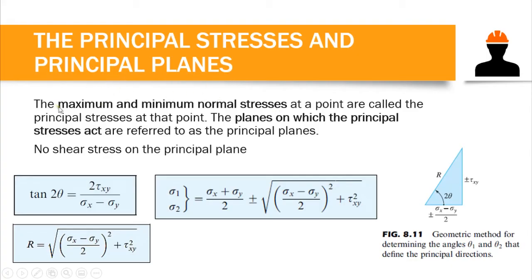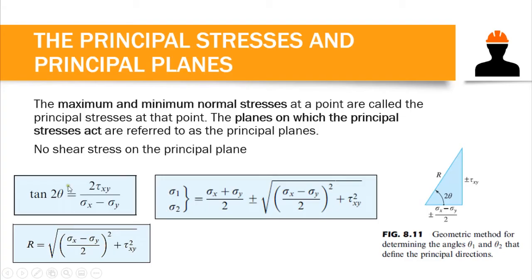Now, for the maximum and minimum normal stresses, this is where our shear stress is equal to 0. Take note of that. Okay? So our maximum and minimum normal stresses occur when we do not have a shear stress. And that is where our principal plane occurs, or that is the section in which we do not have shear stress.